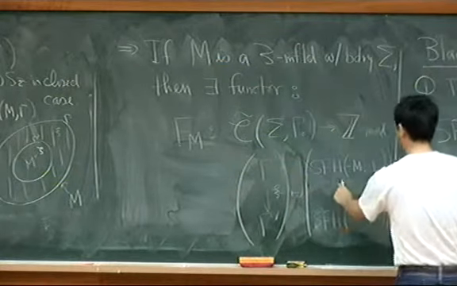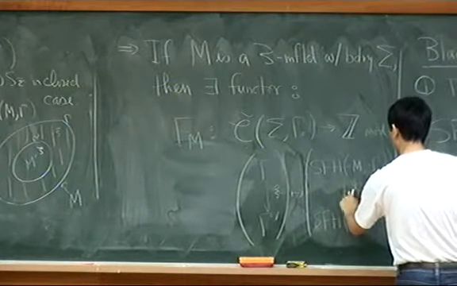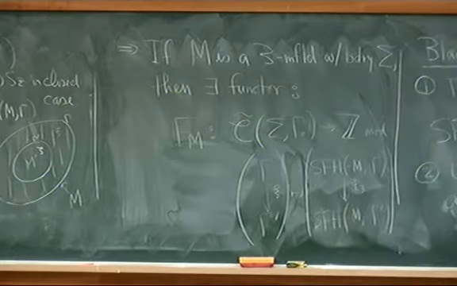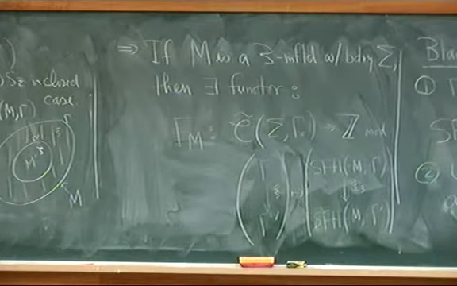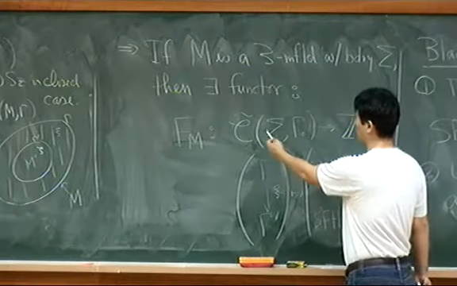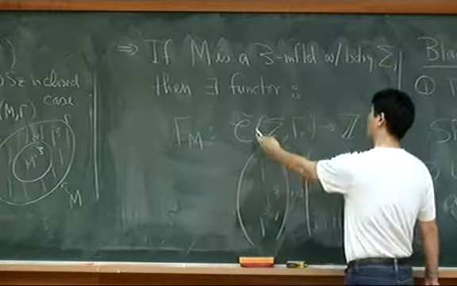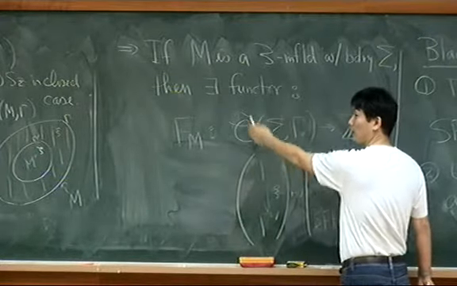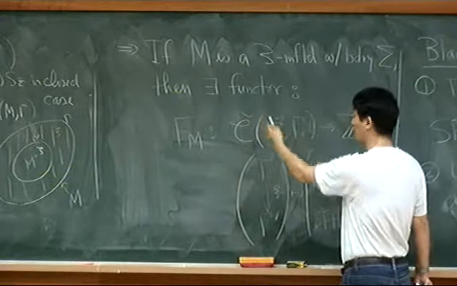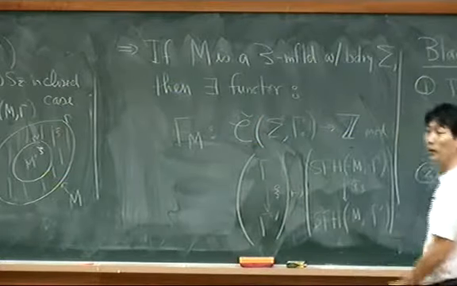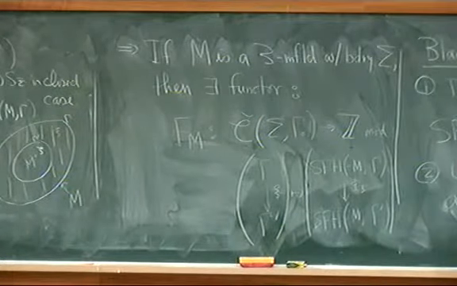Anyway, this procedure gives you, given a 3-manifold, a functor from this contact category, or the universal cover of the contact category, to the category of Z modules.